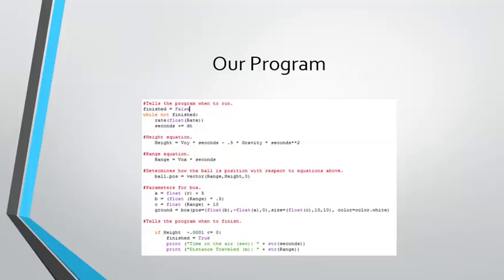Ground equals box POS. Again, that defines our position, our size in the next portion, and our color. Our last section tells when the program is finished, and what this says is that if the height is less than 0, negative 0.0001, that's when our program is finished, or true, and that's when it actually prints the values below.